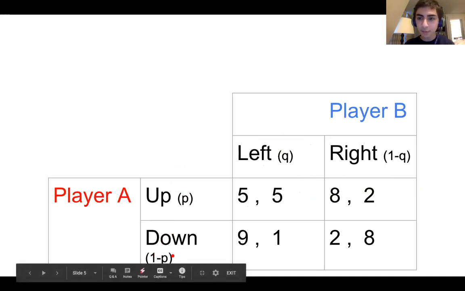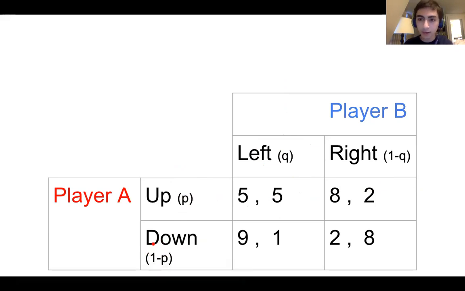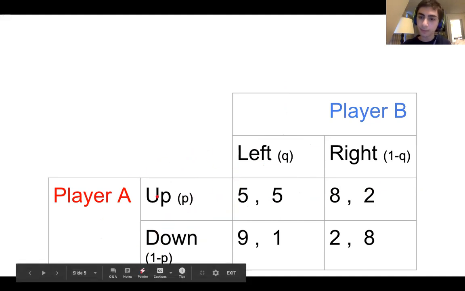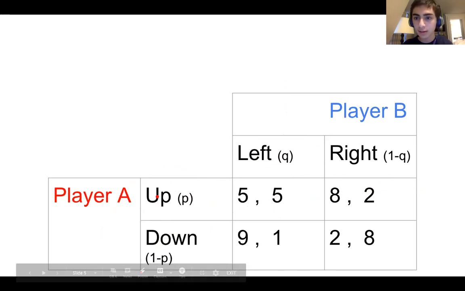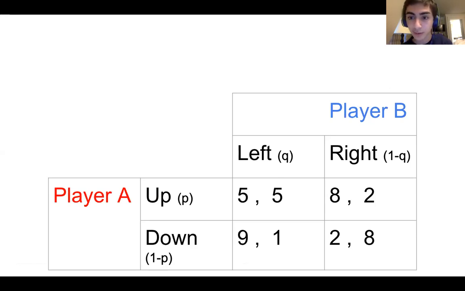Similarly, 1 minus P, the 1 becomes 100%, and P becomes 100 times P percent. In total, the probabilities of all actions have to add up to 1, and if you're doing it in percent, it has to add up to 100. We're going to be using decimals simply because it's easier to do math with decimals than percents.